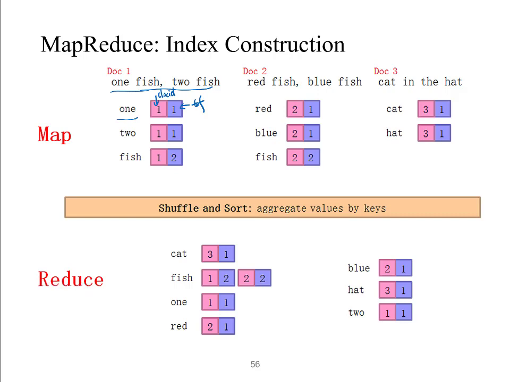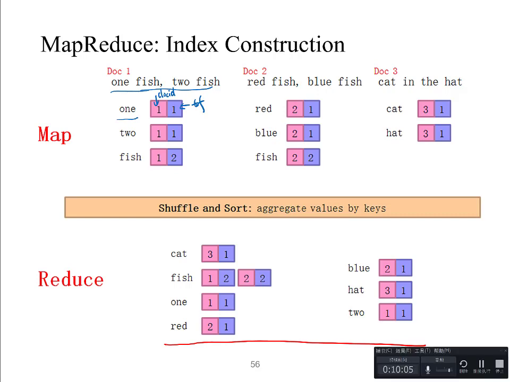So after the shuffle and sort, the values are aggregated by keys. For the reduce part, we get this as input, and then finally the reducer will output the expected result.